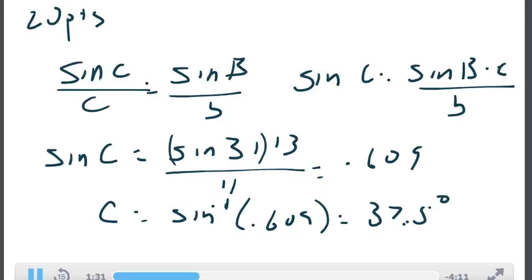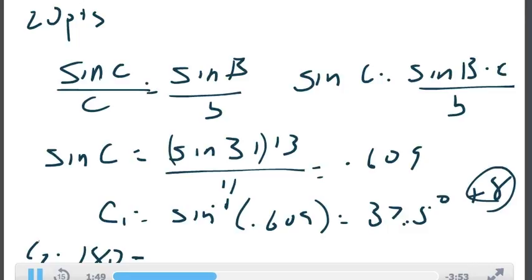That'll be just fine. Okay, so getting to there is 8 points. Then we can find, that's by the way, the first angle. We can find C2 as 180 minus 37.5 is 142.5. That's 2 points.